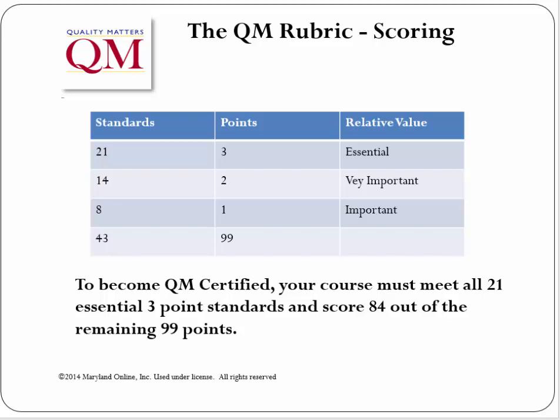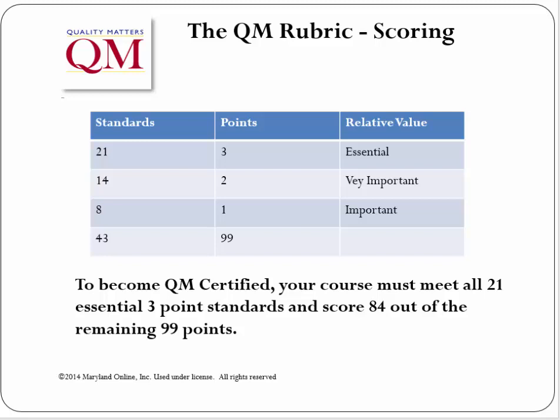There are 21 3-point standards. They are essential. We'll go over that today for 3 and 4. The essential standards, all 21, must be met to become QM certified. Then you have 14 2-point standards, which are very important, and 8 1-point standards.